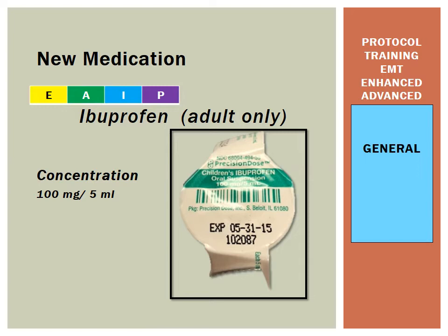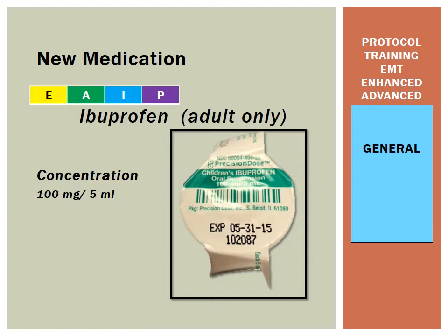Some of the contraindications, however, to administering ibuprofen are hypersensitivity to the medication, severe renal or hepatic disease, and patients with asthma. And we're going to talk a little bit more about that later. Precautions when administering ibuprofen are patients with a GI bleeding disorder, a pregnant patient, and we also want to avoid ibuprofen in patients taking anticoagulants such as warfarin or Coumadin.